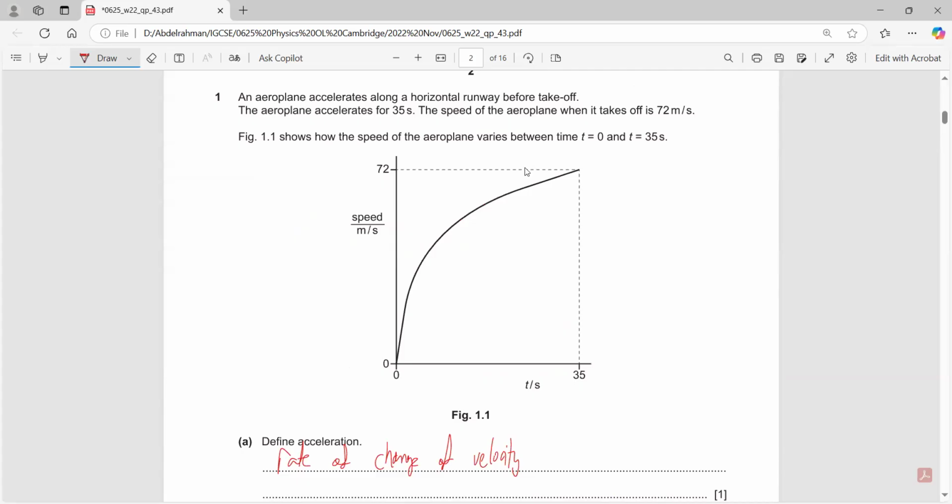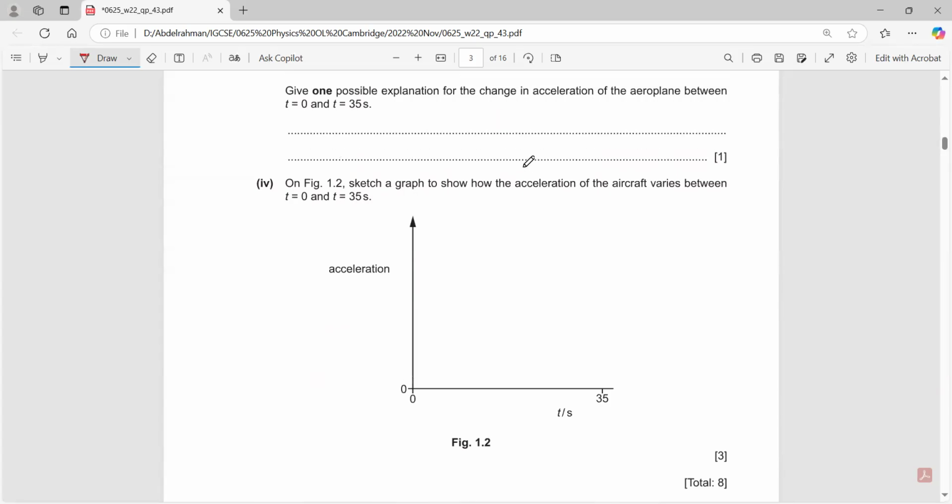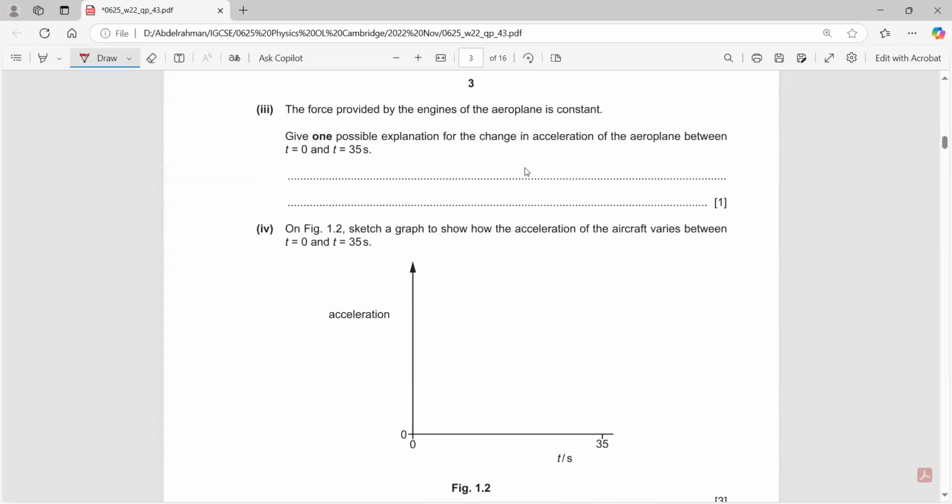Because of the air resistance. As speed increases, the air resistance increases, and that's a fact that we must know.